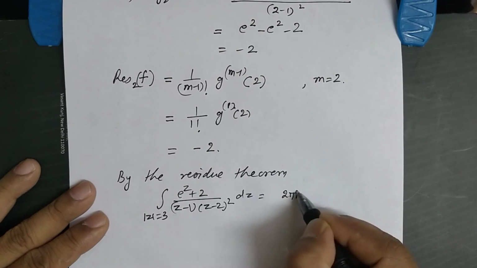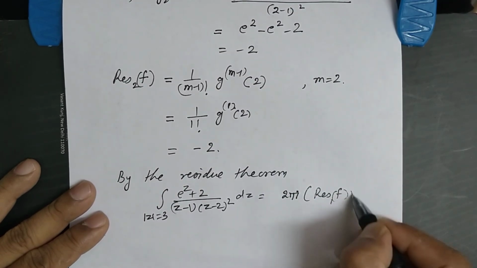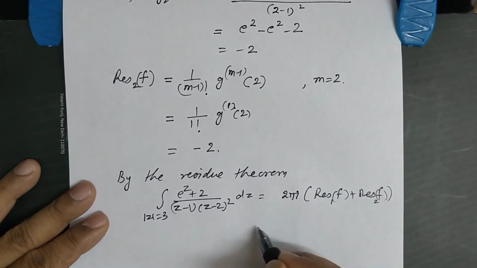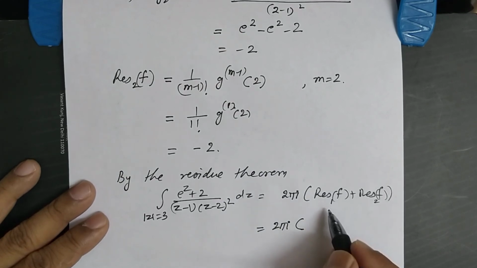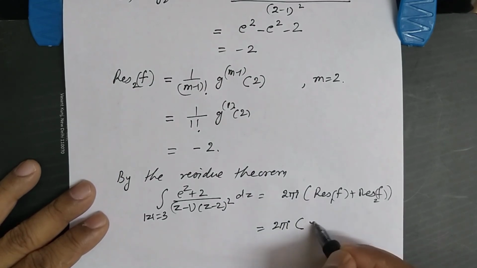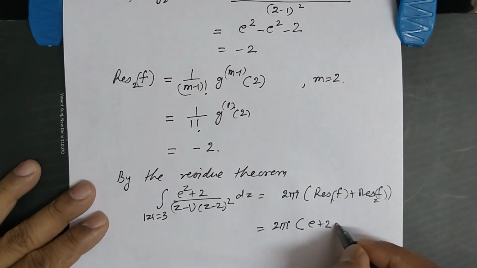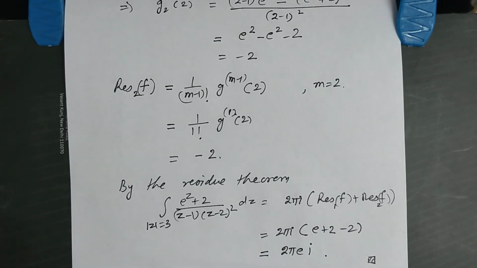It is 2 pi i times the residue of f at 1 and the residue of f at 2. The residue of f at 1, we had calculated earlier, it is e plus 2, and the residue of f at 2 turns out to be minus 2. So the answer is 2 pi e times i. That's all in this video.